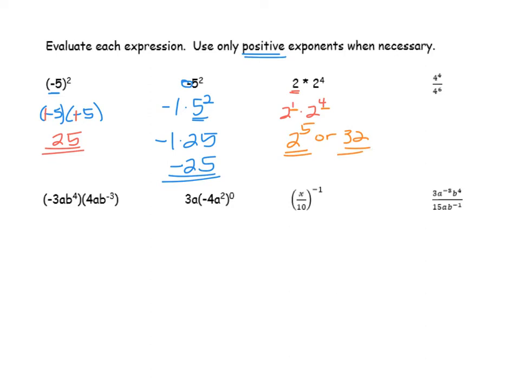The next one, 4 to the 4th power divided by 4 to the 6th power. Kind of like this one we just did, when the bases are the same but you're dividing, you're going to subtract the exponents. So this would become 4 to the 4 minus 6 power. You should always do the numerator minus the denominator.